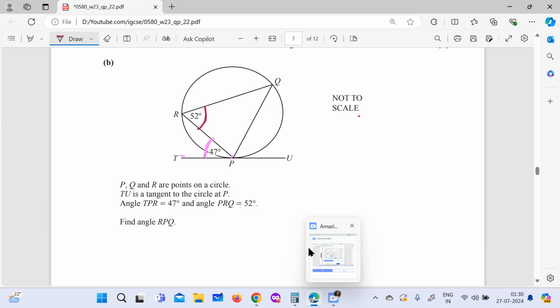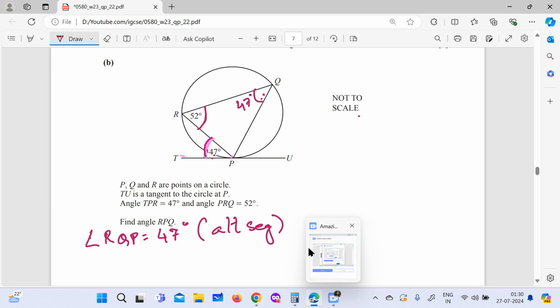Now your question is to find angle RPQ. We can find angle RPQ if we know this, and this is easy. This angle will be 47 degrees, because this is 47, and for this tangent this is the alternate segment, so angles in the alternate segment are always equal. So if this is 47, here also we get 47. So you can write angle RQP equals 47 degrees, that is the angle in the alternate segment.